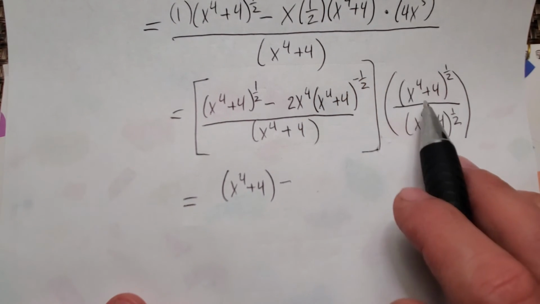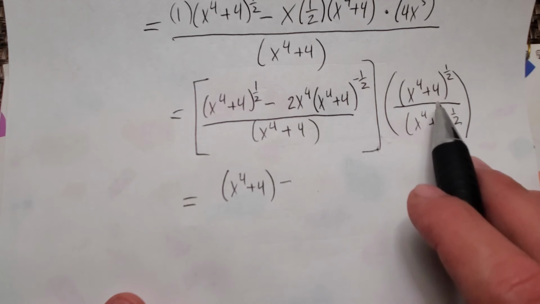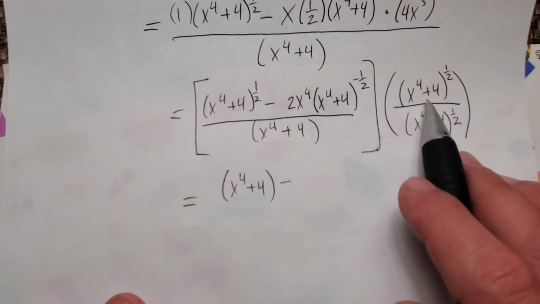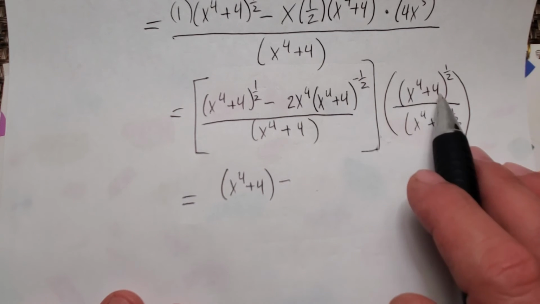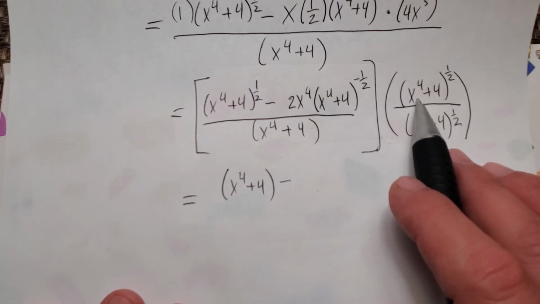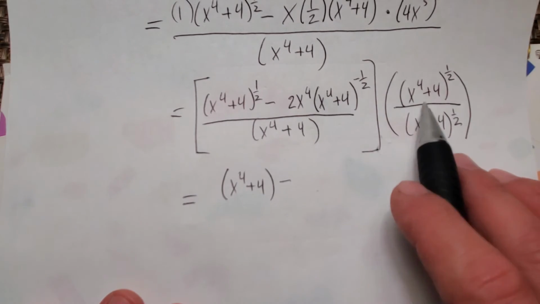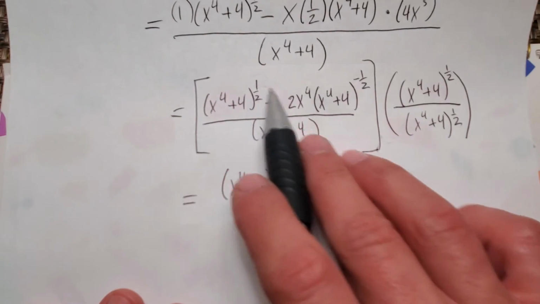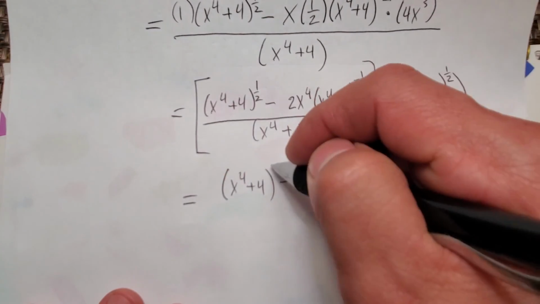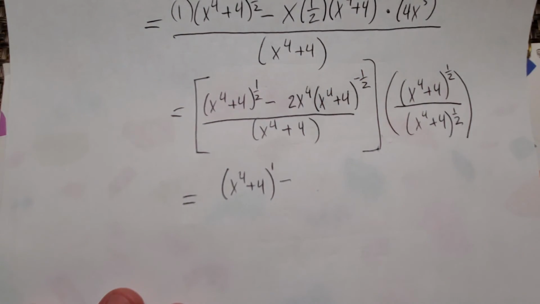Because when we use the basic rules of exponents, remember back to maybe algebra 2 trig, when we multiply two powers with the same base, we simply add their exponents, and 1/2 plus 1/2 is really just 1.